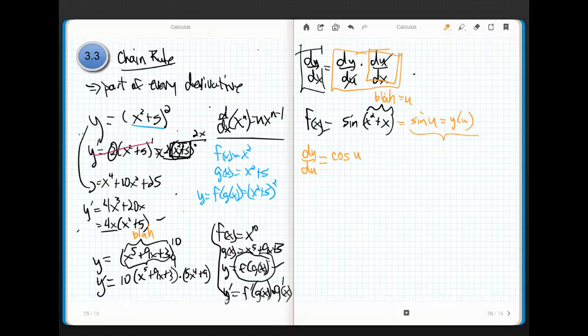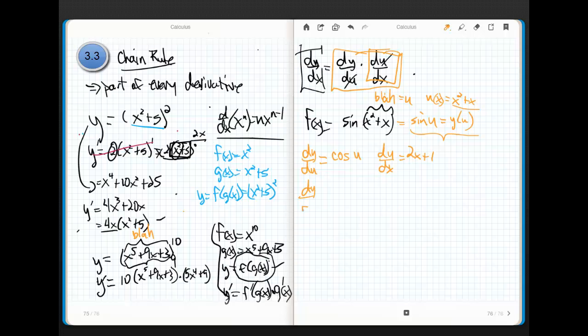But then I have to take the derivative of u with respect to x. Well, let's write up what u of x is. It's x squared plus x, right? So dy over du is cos u. du over dx is just the derivative of this guy, which is 2x plus 1.